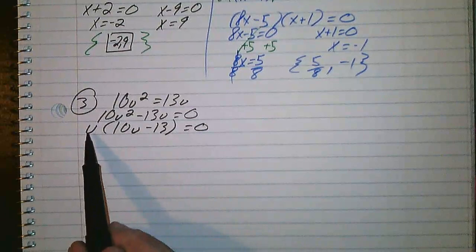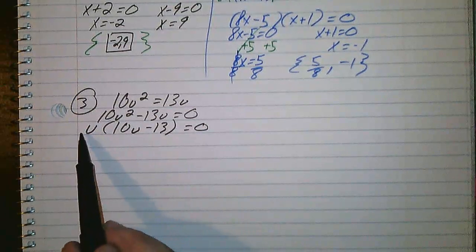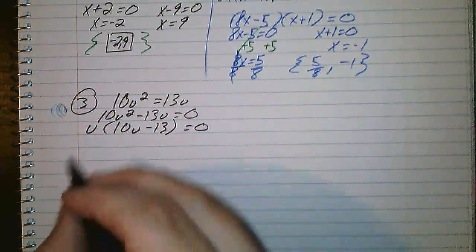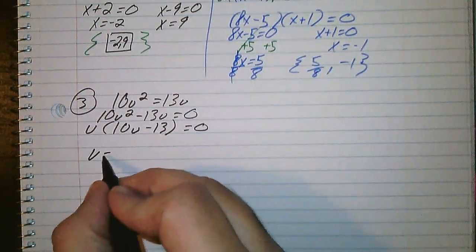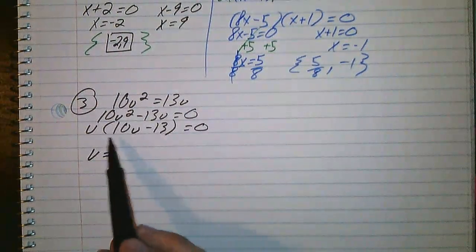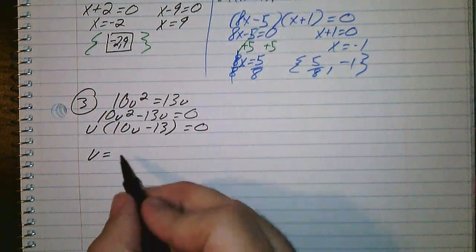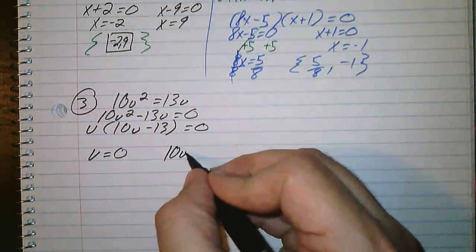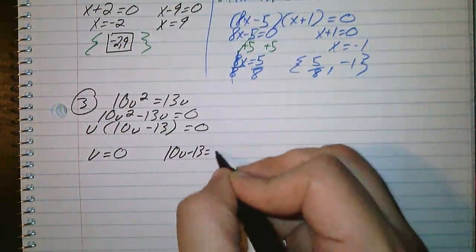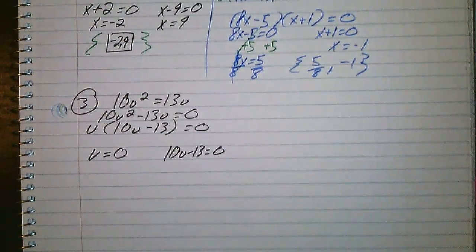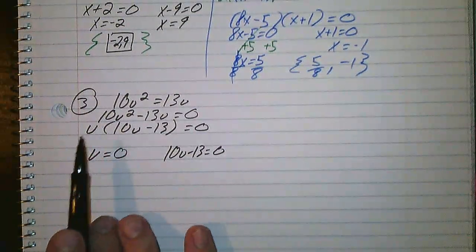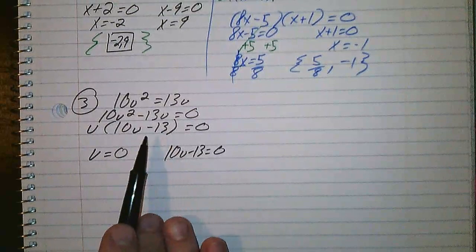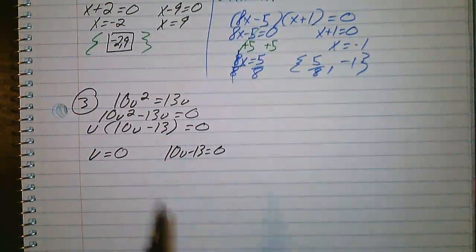Anytime your GCF is a monomial, even if it has a coefficient, you set each factor containing a variable equal to 0. So u equals 0, we're done. But over here, we do a little bit of work. Again, it's the two factors, the u times this binomial, 10u minus 13.